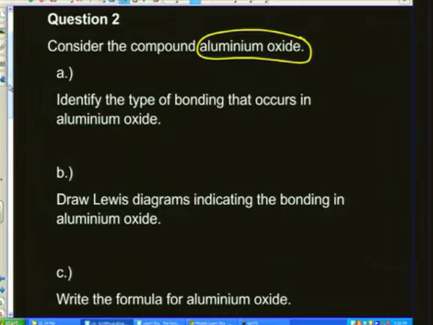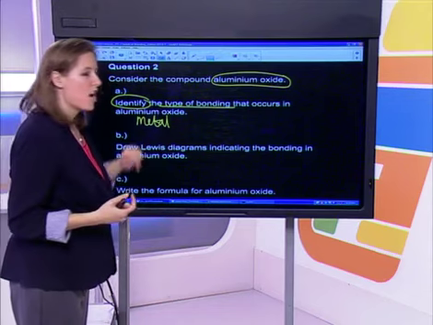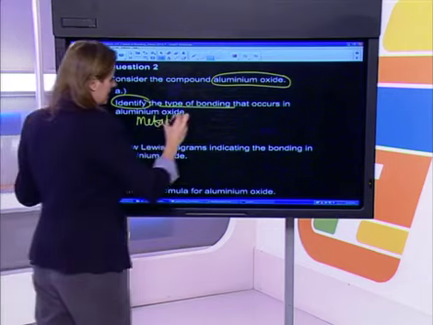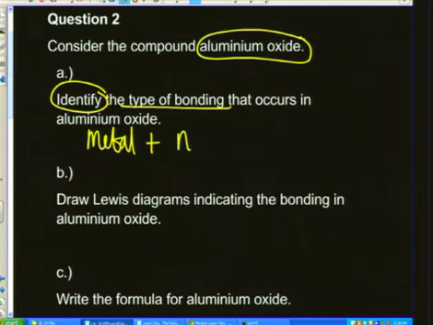So start with identifying the type of bonding that occurs. Aluminium is a metal. Oxide is the ion that forms from oxygen. So that's a metal, and it's joined together with a non-metal.